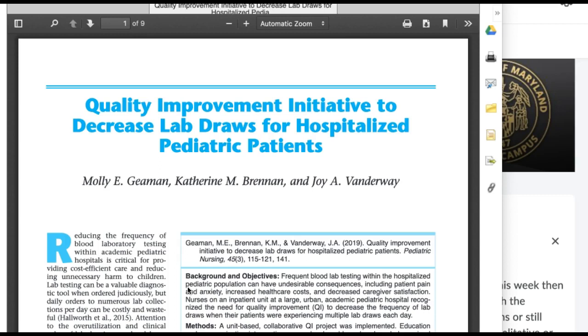In fact, you might use quality improvement initiatives to look on their reference pages to see if they based the project on research that was already done. So it can be a way of finding additional research.